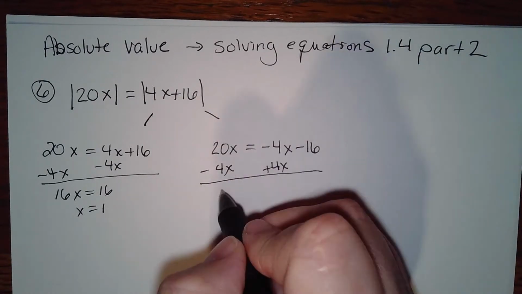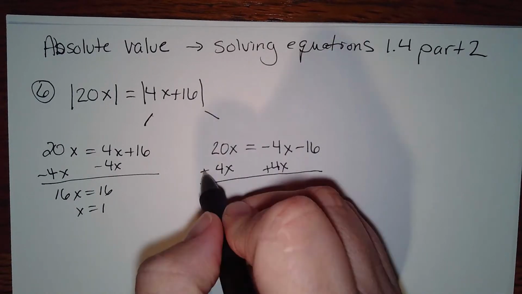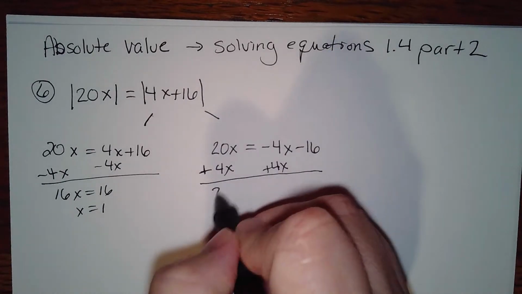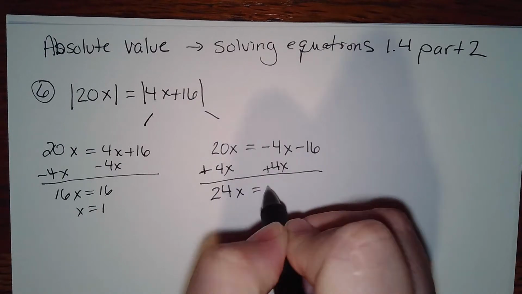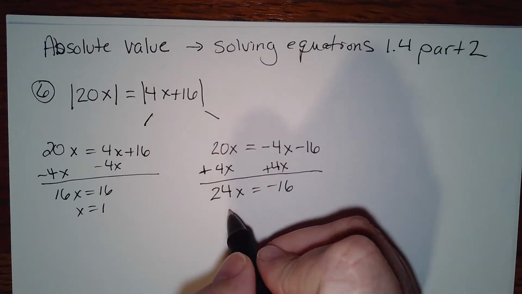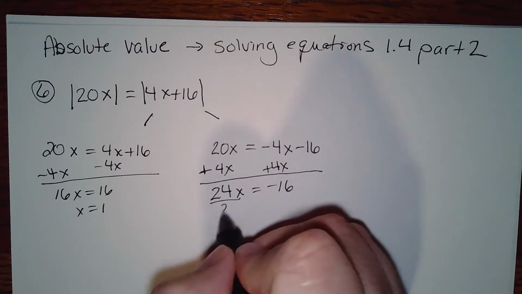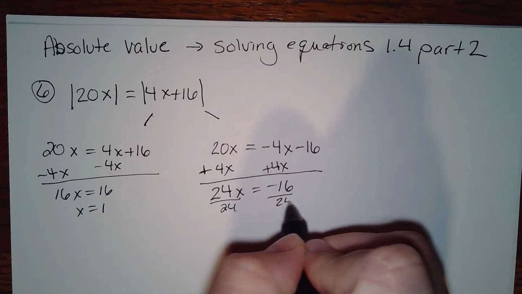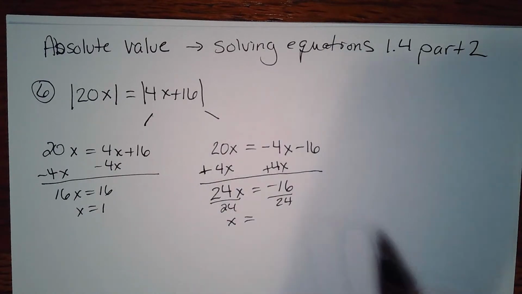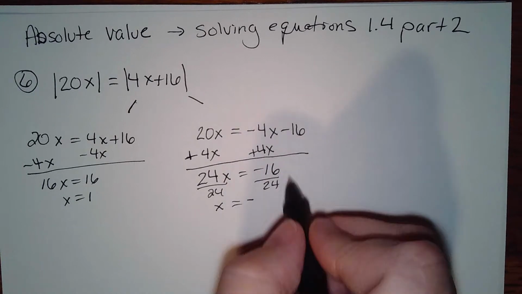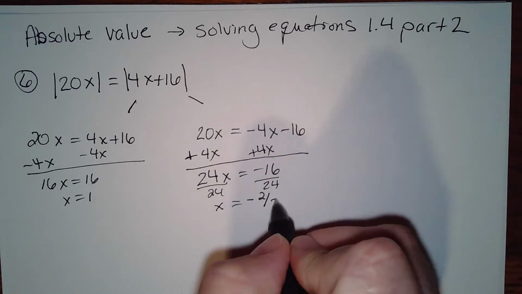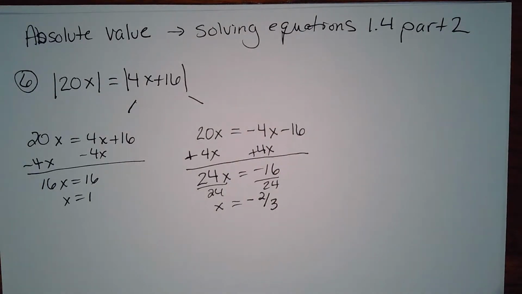So I get 24x equals negative 16. Then I divide both sides by 24. So x equals negative, and they both have an 8 in common, so 2/3.